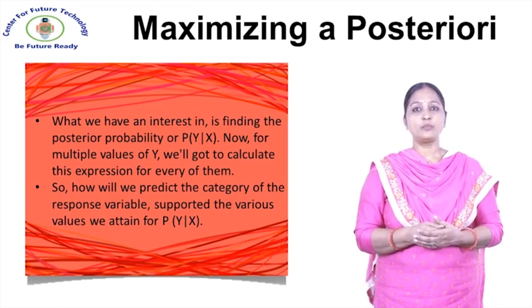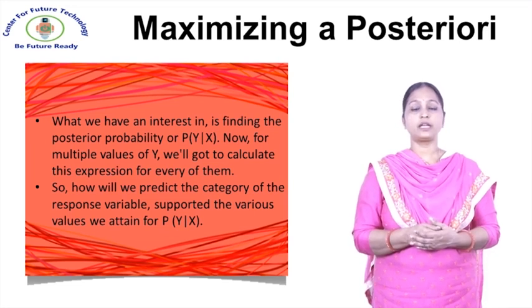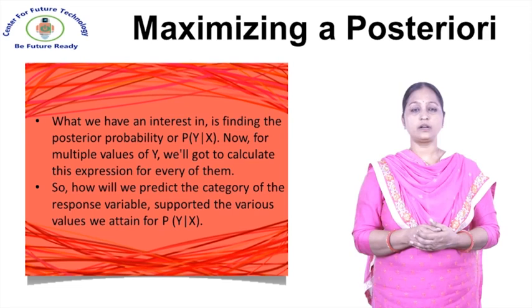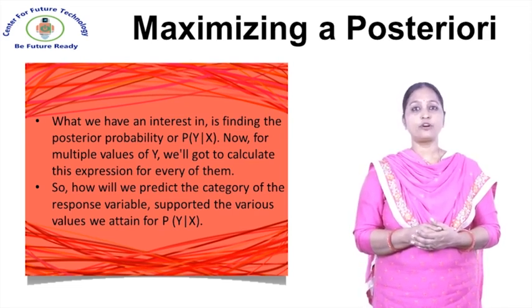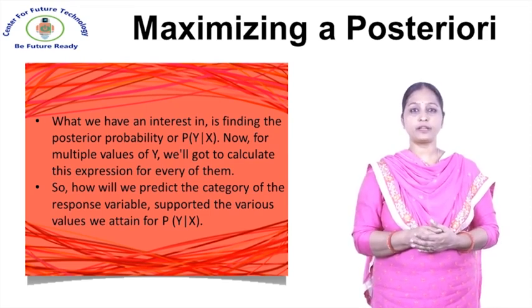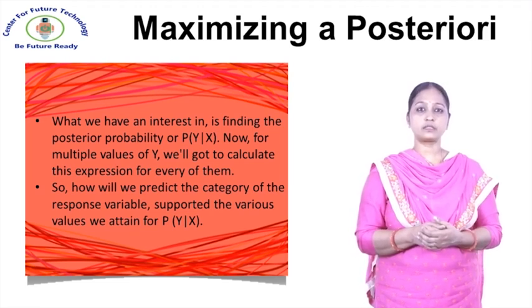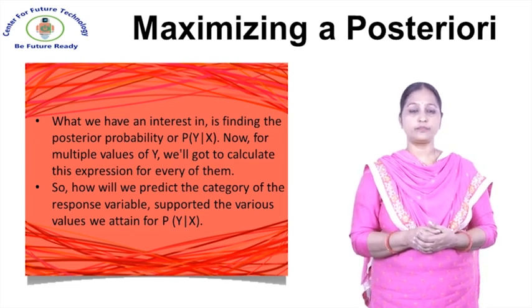Maximizing a posteriori. What we are interested in is finding the posterior probability, or P of y given x. Now, for multiple values of y, we will have to calculate this expression for every one of them.